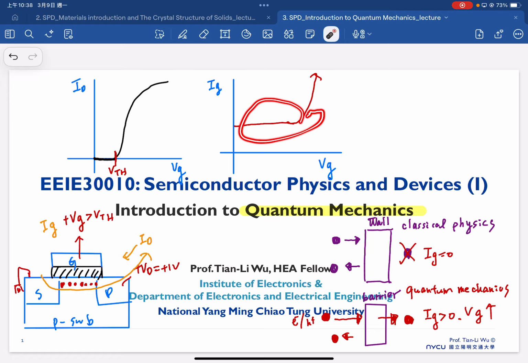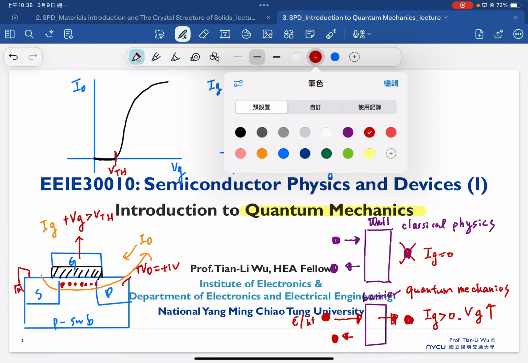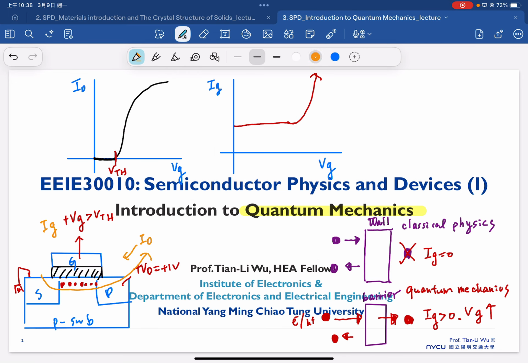And therefore, when we consider this graph in our MOSFET structure, the electrons in the channel can start to penetrate to our gate electrode, and in the end become our gate leakage current.